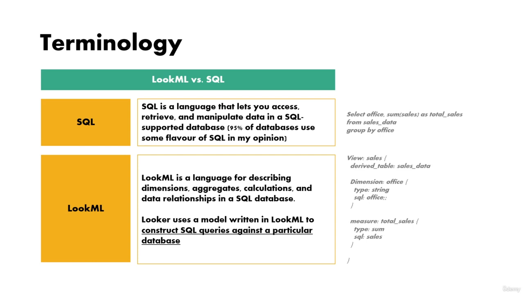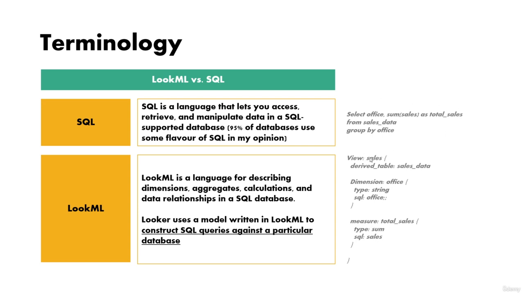LookML is a language for describing dimensions, aggregations, calculations, and the data relationships in a SQL database. The difference here is that LookML itself is a language, but it's really used to write SQL queries against a database. Okay? So for example, LookML looks like this.